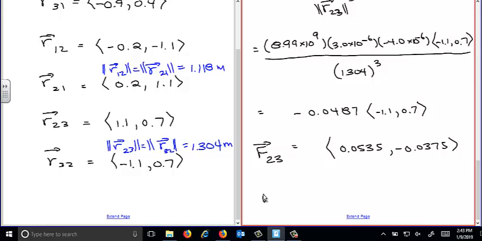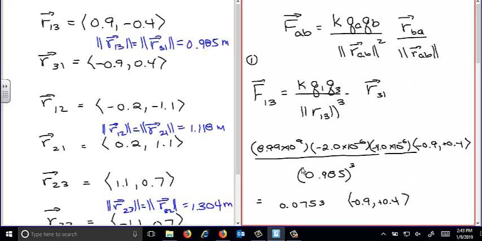And so force vector 3, 2 is equal to negative 0.0535 newtons. Units, newtons. And this is positive 0.0375 newtons. So let's just double check the direction of those before we go any further.